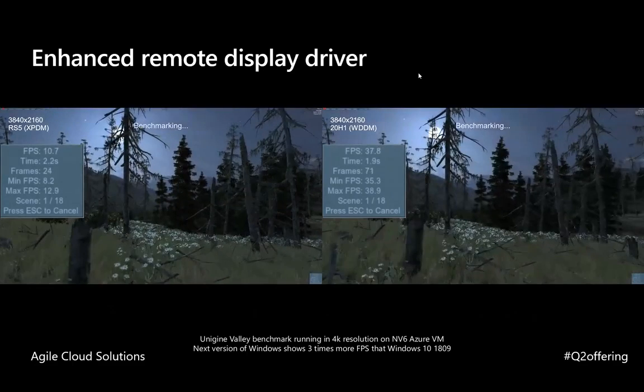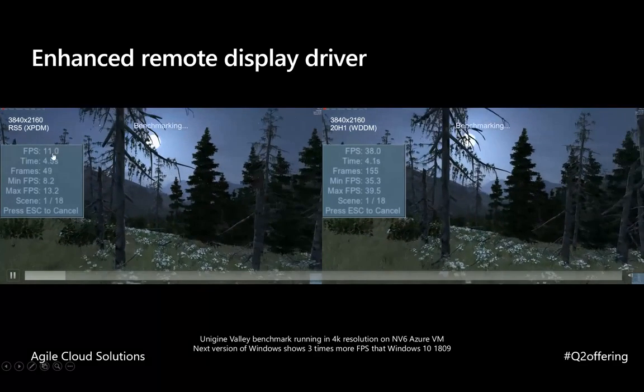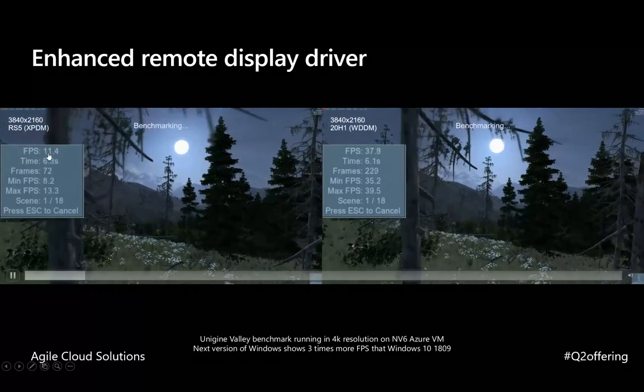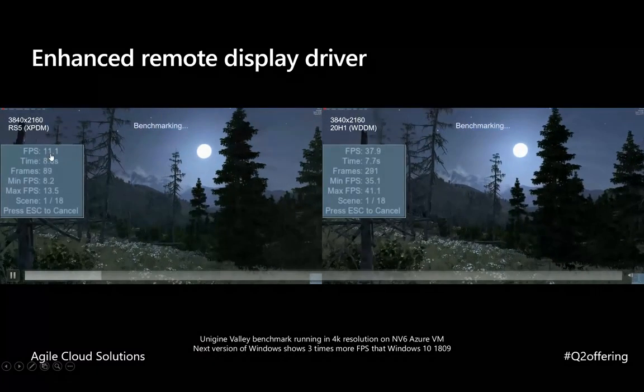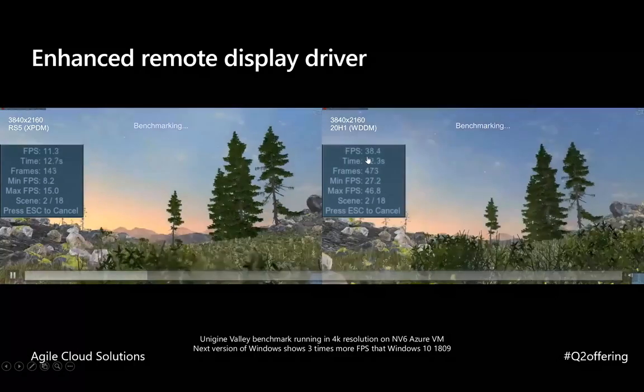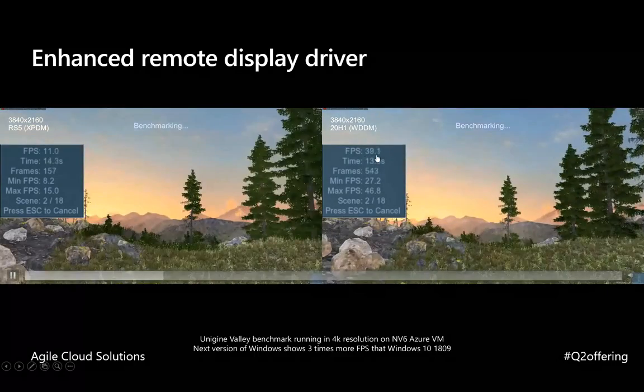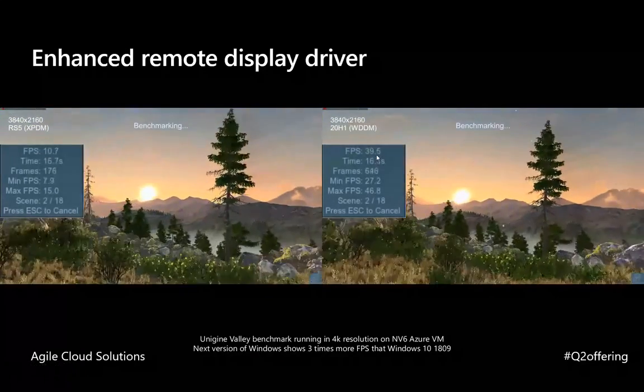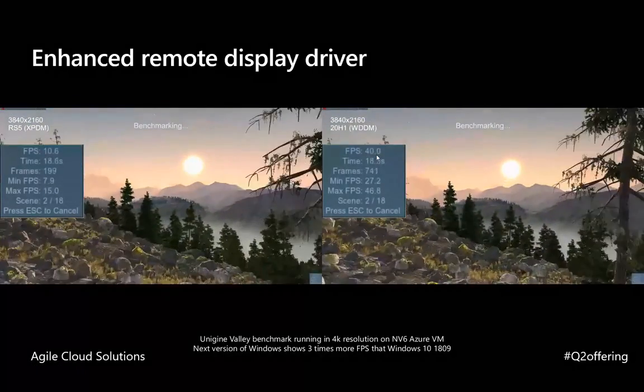If I take you back to 2018 when WVD was just released, the experience was something that you see to your left, and the experience that you have now is something that you will see to your right. Reason being, if you can see over here on the left, the first option, frames per second, that it can deliver is not exceeding 12, whereas over here it's nearly three times, it's nearly 38, making the accessibility and the user experience as seamless as it can.